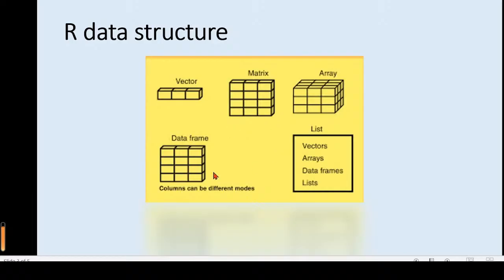So this figure illustrates those basic data structures in R. So this is a vector, one dimension, the matrix for two dimensions, an array, here is 3 dimensions, and a data frame is 2 dimensions, but columns can be of different modes, meaning the value type, and the list is an object that can, for example, combine vectors, arrays, data frames, or even lists itself.